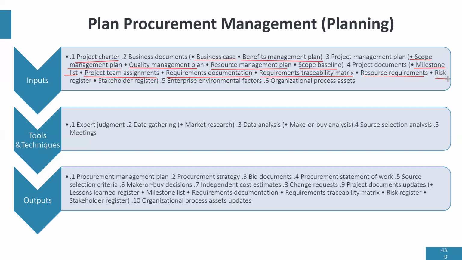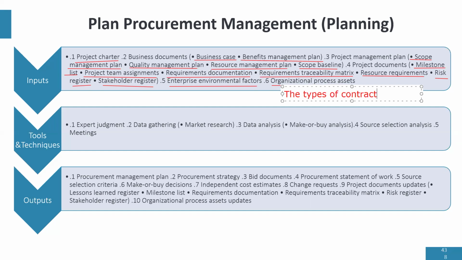Risk register, we look at risks that can impact procurement in the risk register. Stakeholder register, we look at stakeholders that are involved in procurement, and we have enterprise environmental factors and organization process assets. One of the things we look at in organization process assets is what we call the types of contracts that your organization normally engages in, like fixed price contracts, cost reimbursable contracts.